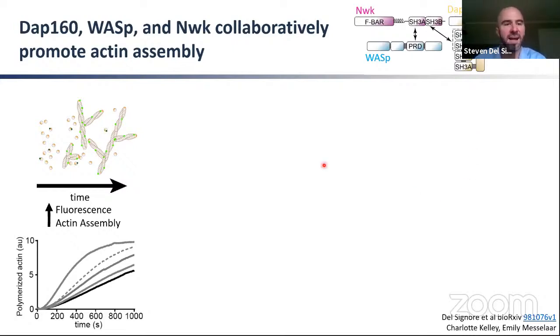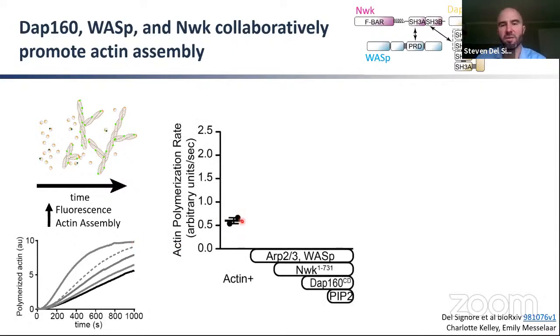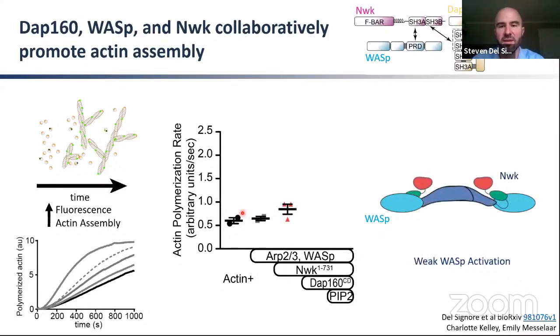So this is a pyrene actin assembly assay. Basically, the fluorescence increases over time as actin assembly increases. What we find is that actin alone doesn't assemble very well because it's nucleation limited. Adding WASp doesn't really do much because it itself is autoinhibited.